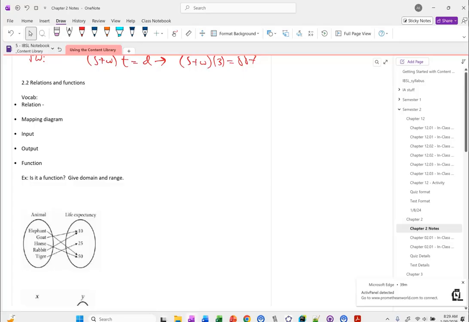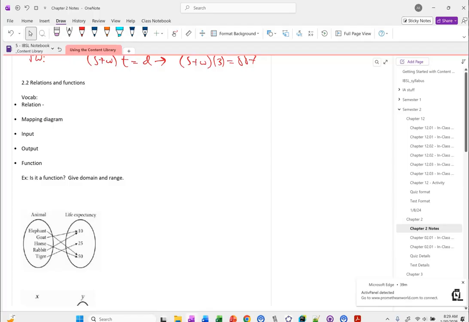What is a relation in mathematics? I'm not talking about your uncle or something. Like a ratio or... It's a set of ordered pairs. That's all we're really talking about.